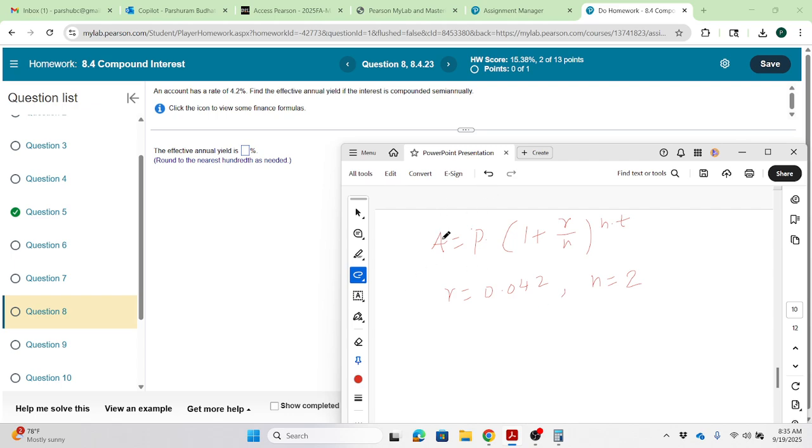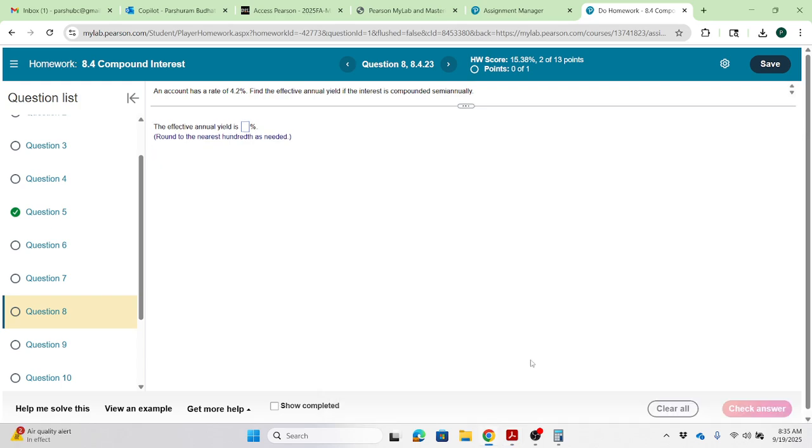So let's say r is 0.042 and n equals 2. An account has a rate of 4.2%. What is the effective annual yield? So how do you calculate this?